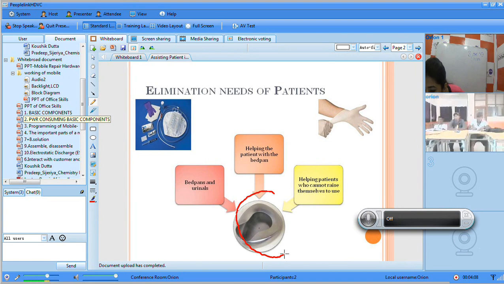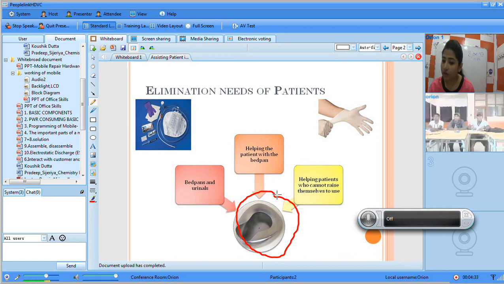This is a bedpan. This bedpan is just like the urinal in the bathroom. The patient is provided with the same in the bed only, and the GDA person needs to take care that the patient is successfully eliminating the waste products.